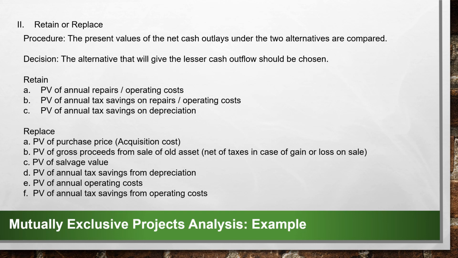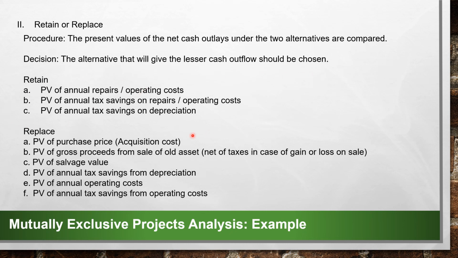So we have here our second example, and that is retain or replace. Again, these are just decision scenarios, but this affects the long term and involves substantial cash capital outlays. Our procedure is to compare the present value of the net cash outlays under the two alternatives, and we decide by choosing the alternative that will give us the least cash outflow.